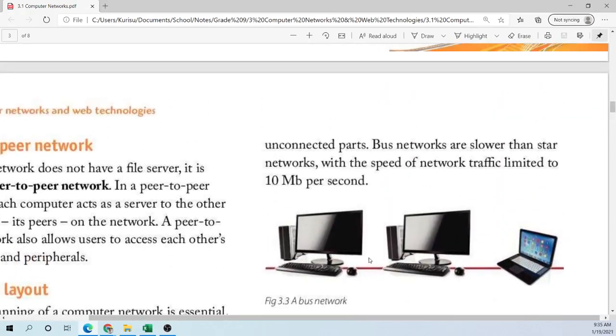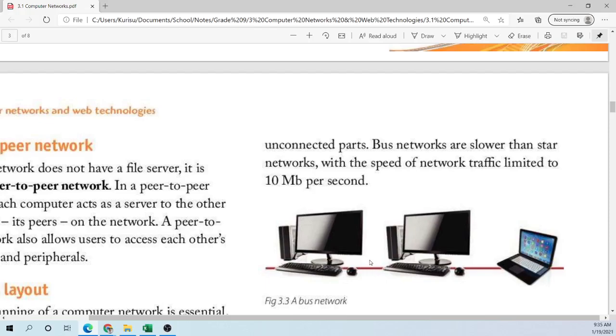So if the cable was to break right here, then this computer will be by itself, and this computer and this laptop over here will be by themselves. These two devices will still get to communicate because the cable is still connected to the two of them.